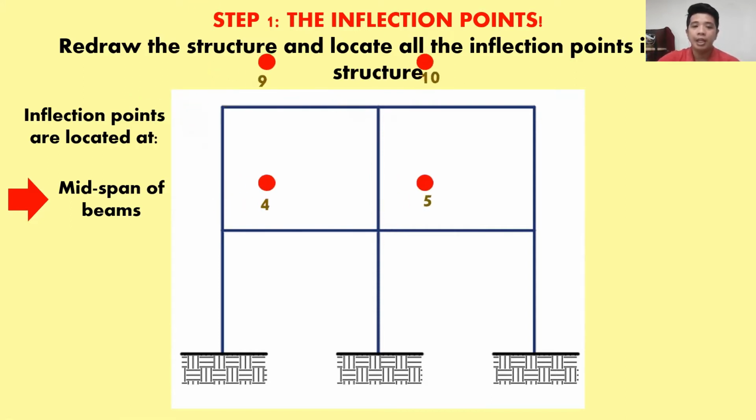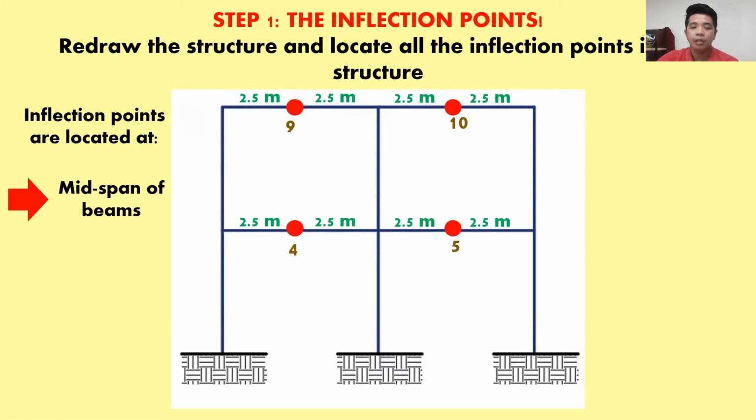So nasa gitna nila at midspan. Pag sinabing midspan, nasa gitna ng length, at the mid-length. So andyan yung mga inflection points. Kung midspan, ibig sabihin kalahati. So, 2.5, half of the distance ng entire, doon malolocate yung inflection points ng beam. And at the mid-heights of columns.